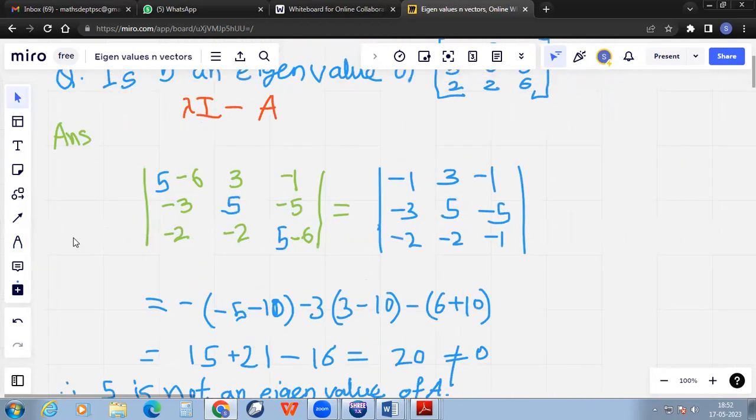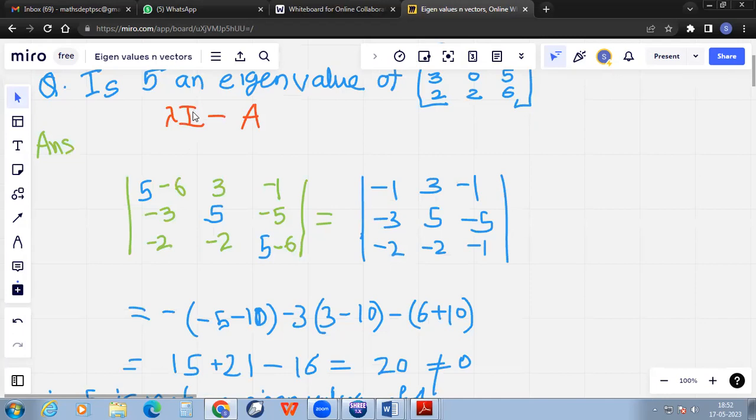I means identity matrix. Identity matrix has entry 1 along its principal diagonal, and rest all the entries are zeros. So the same way, what you observe is this 5, 5, 5, meaning lambda appears only on the principal diagonal.